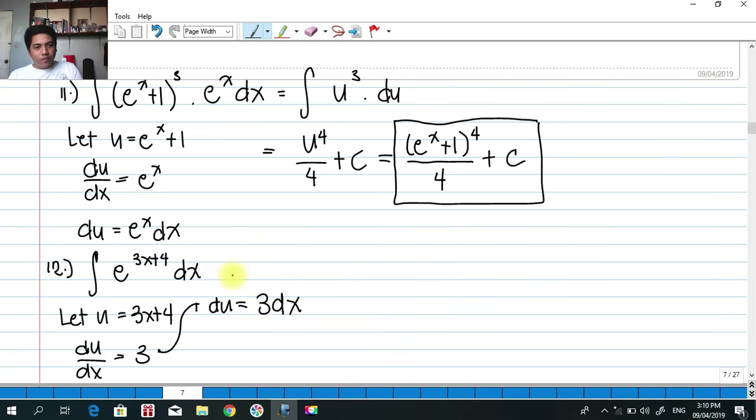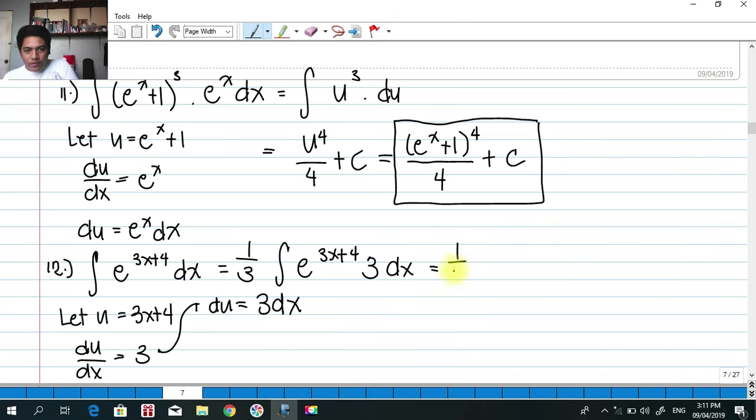So again, we rewrite this as the integral of e raised to 3x plus 4. We have dx here, but our du says that we have 3 dx, so we have to add 3 here. And outside of the integral, we have to add 1/3 just to compensate for the 3 that we have added inside the integral sign.